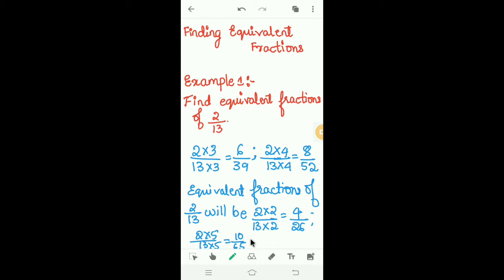For more equivalent fractions of 2 by 13, we can further multiply the numerator and denominator by 6, 7, 8, 9, 10 and so on.